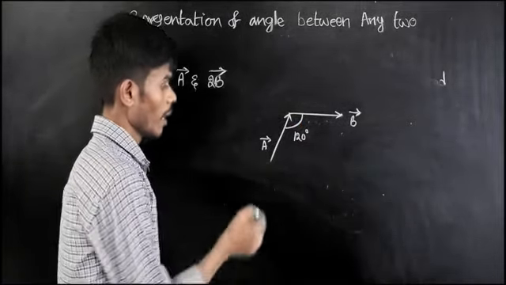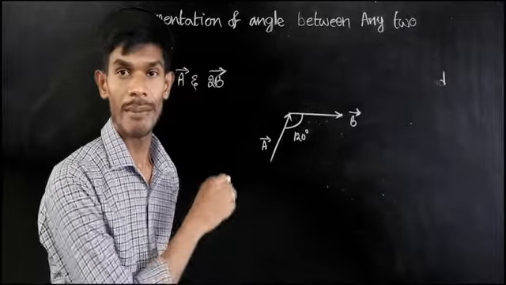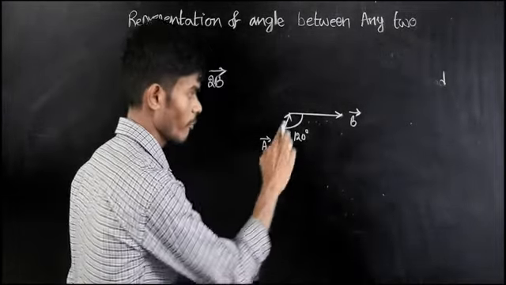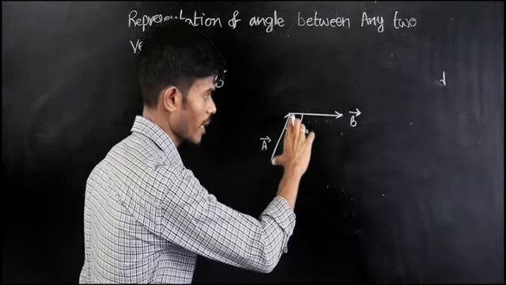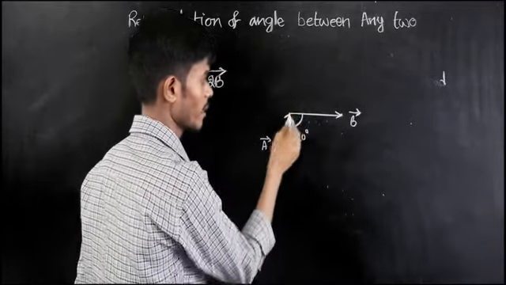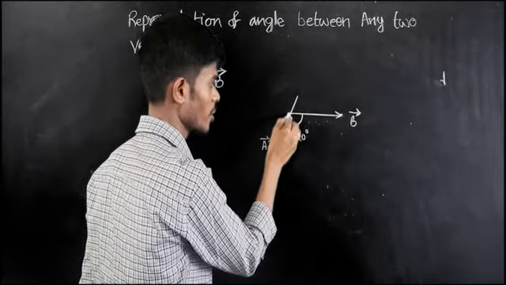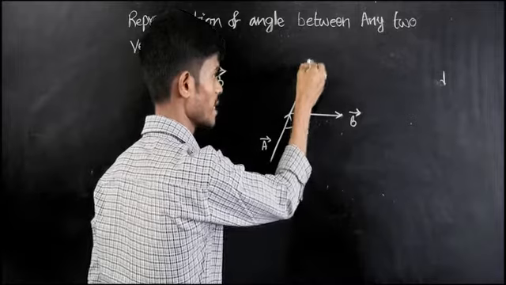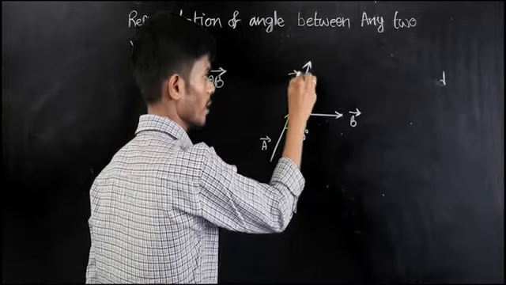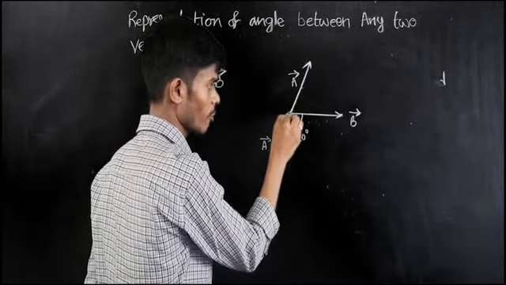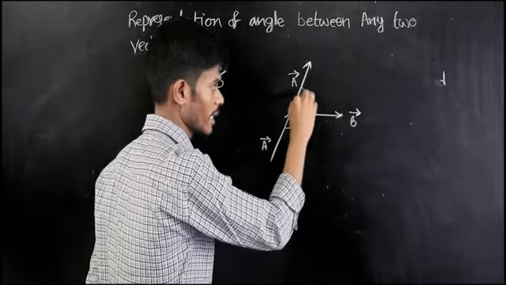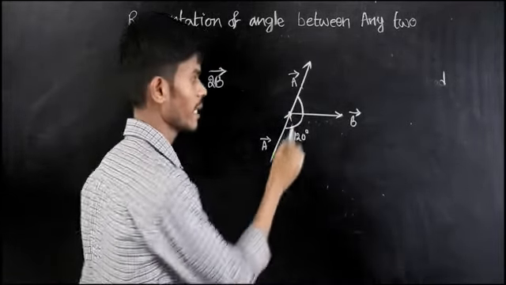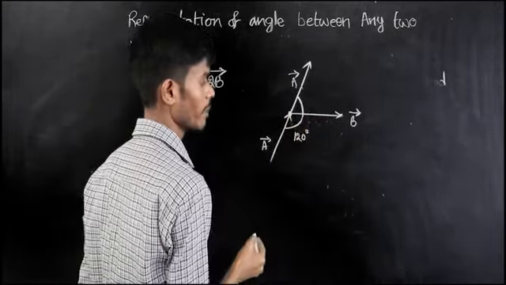Then, what is the actual angle between a bar and b bar? If you displace this a bar vector to this side without changing the magnitude and direction, the two tails coincide with each other. Then it makes some angle, and this angle is the angle between a bar and b bar.